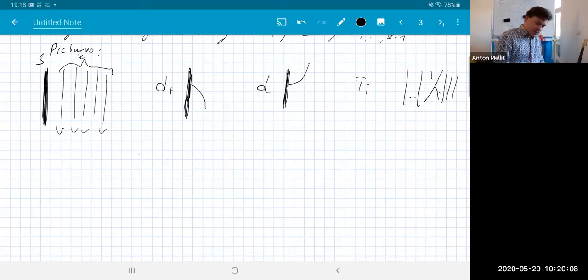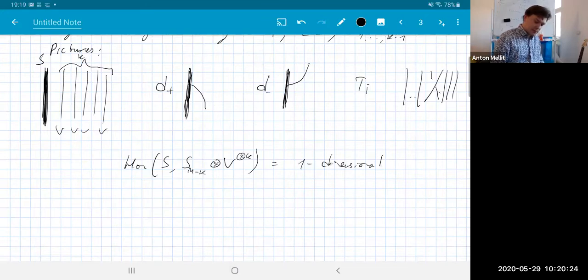But for instance, the module from S to M minus K tensor V tensor K is one-dimensional. And so the action of the algebra is given by some constants.